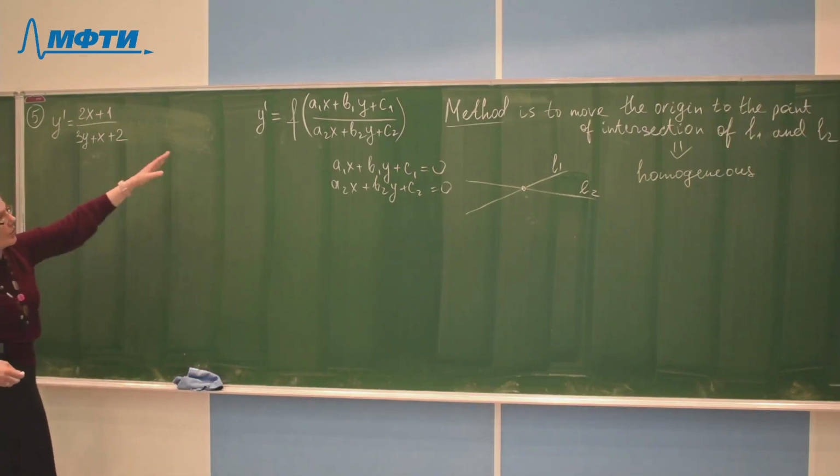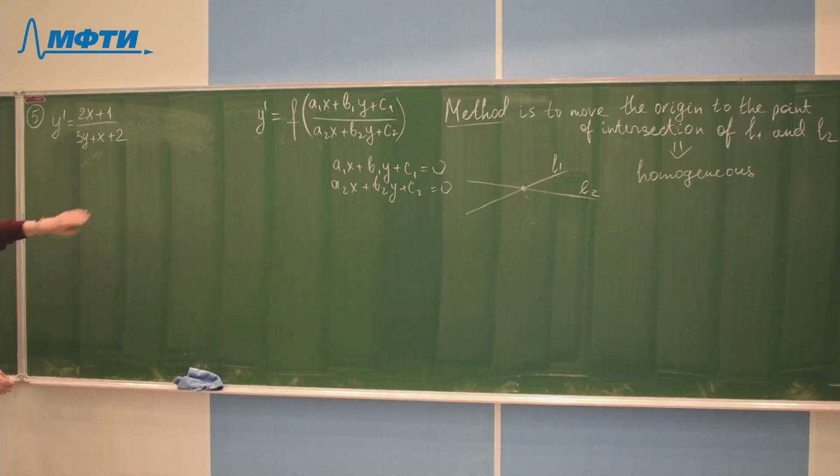This equation is of the given form. And step number 1: move the origin to the intersection of these two curves. So this can be represented as follows. Let's come to the new variables.